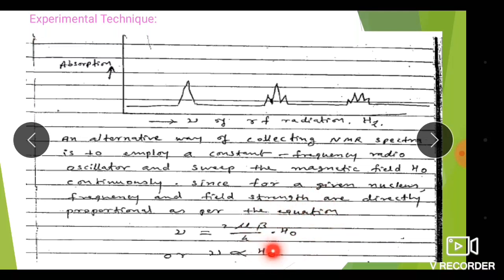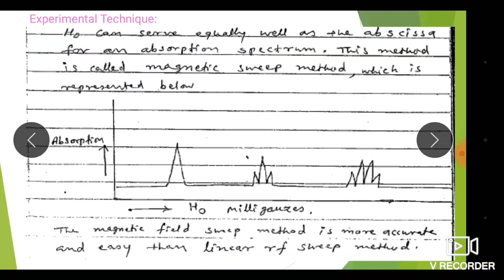So we are changing the field strength, we are changing the frequency, so resonance occurs, and RF is absorbed, and this absorbed RF is recorded as the absorption spectrum signal.